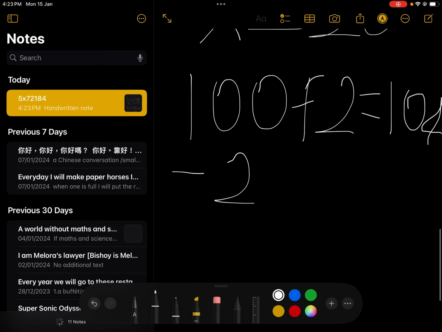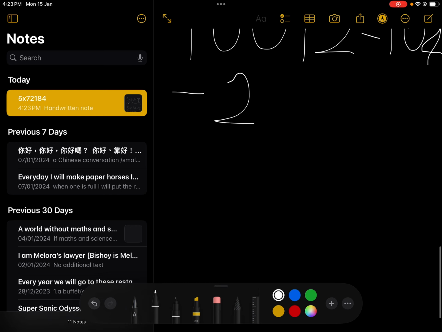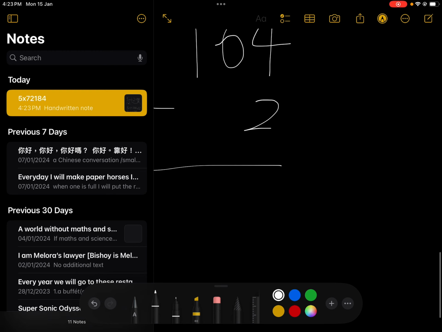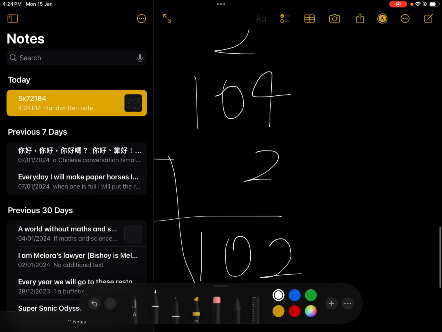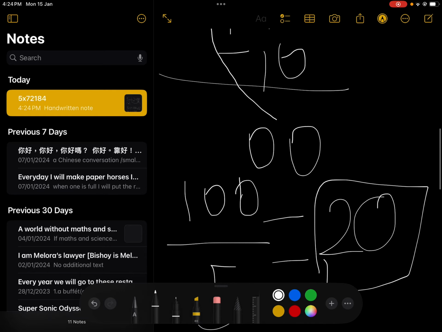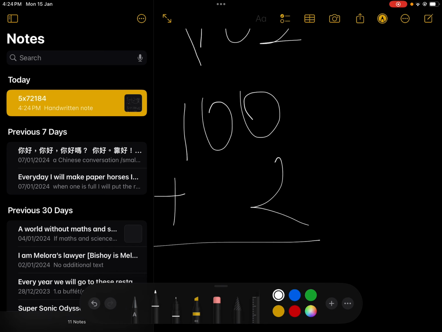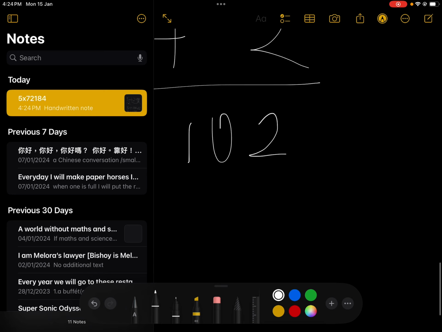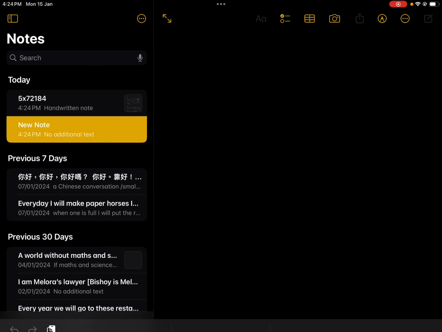If 104 minus 2 equals 102, and 100 plus 2 is equal to 102, then our results again, 102 equals 102. We are correct. Let's try this with another example.